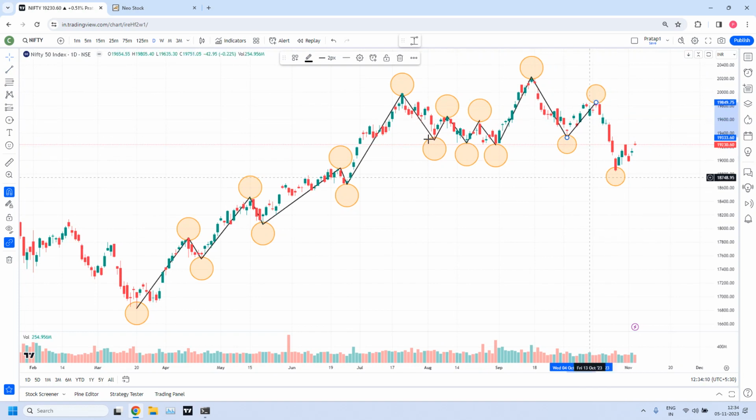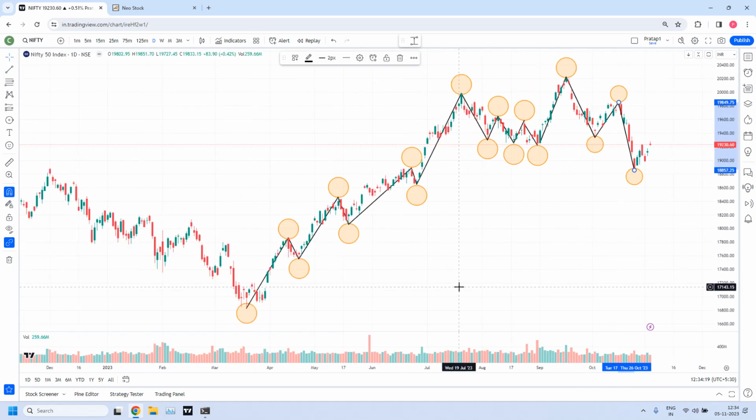And this is the swing high. And finally, this is the recent swing low. Now it is easy for you. This is the lower low and this is the higher high.